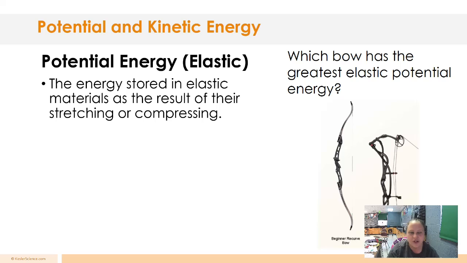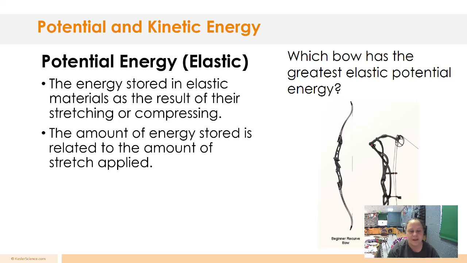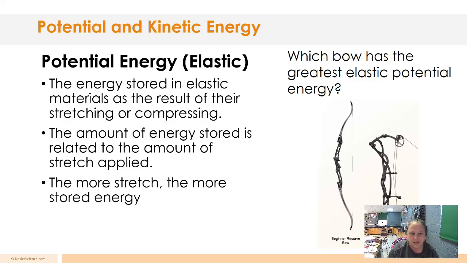If you have a rubber band, the farther you stretch it back, the more elastic potential it has. If you have a spring and you compress it to where it wants to fly apart, the closer you get the coils, the tighter you push it down, the greater the potential energy you have. The amount of energy stored is related to the amount of stretch applied. The more stretch, the more stored energy.